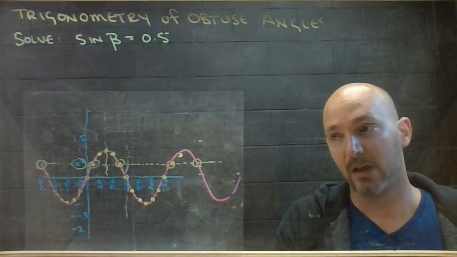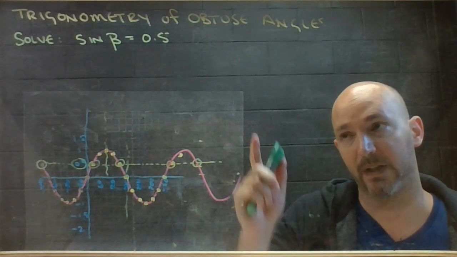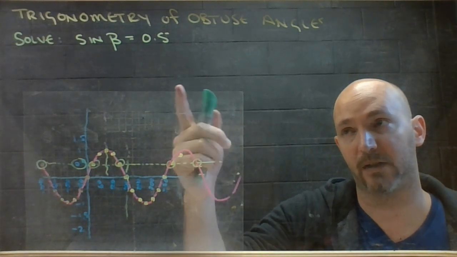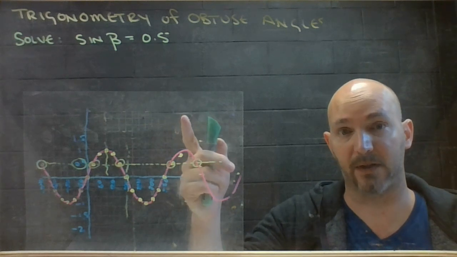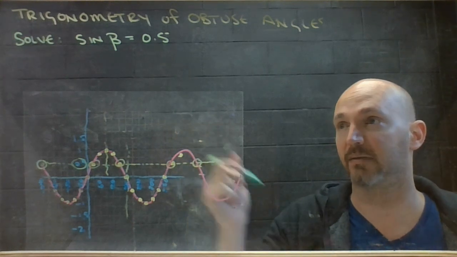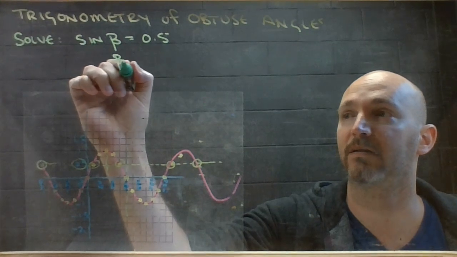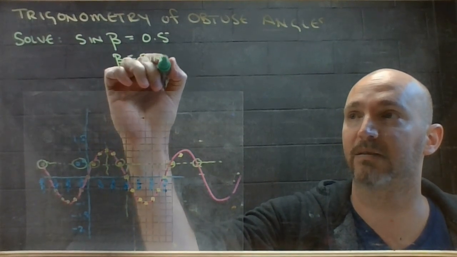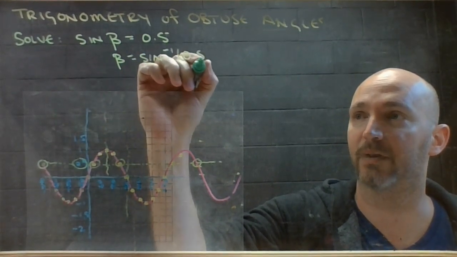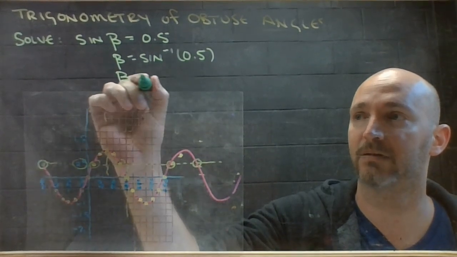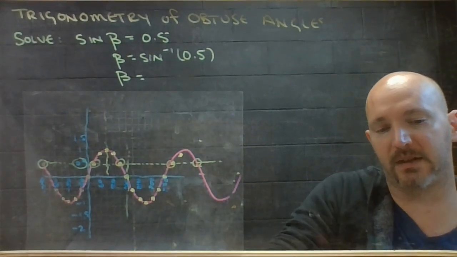So the first thing we're going to do is use the arc sine on this, and then consult our calculator and see what it spits out. So beta would be the arc sine of 0.5. So I'm going to type that in here.